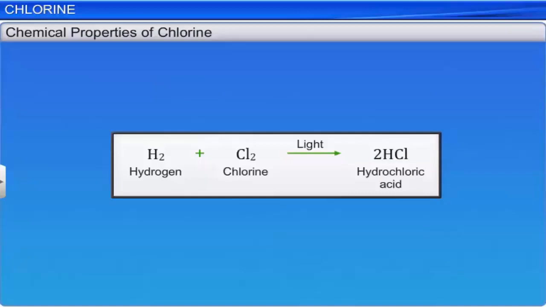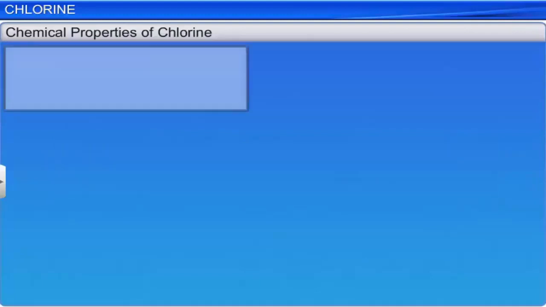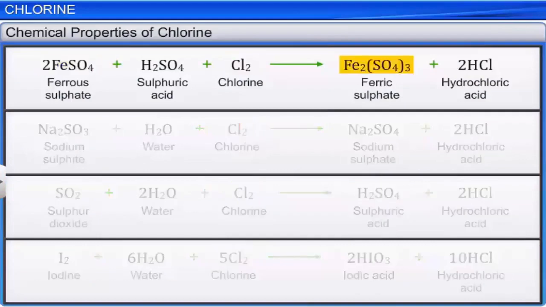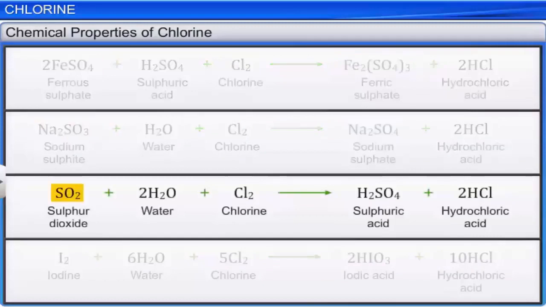For example, it decomposes hydrogen sulfide to hydrochloric acid and sulfur. It is a good oxidizing agent. It oxidizes ferrous to ferric, sulfides to sulfates, sulfur dioxide to sulfuric acid, and iodine to iodic acid.